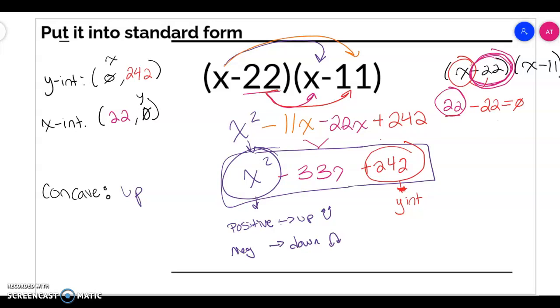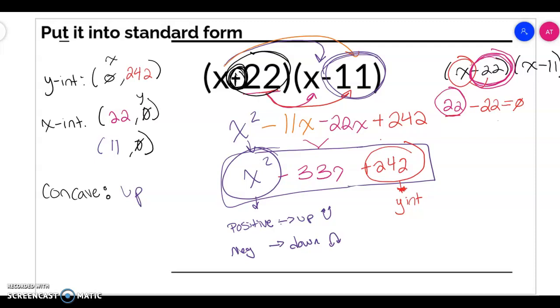Okay? Then my second one here, if I wanted to figure out what minus 11 is going to give me 0, all I need to do is flip the sign. So 11 minus 11 is going to give me 0. So a good way to remember x-intercepts when it's in factored form: take the sign in the parentheses, flip it, and take the number. Okay?